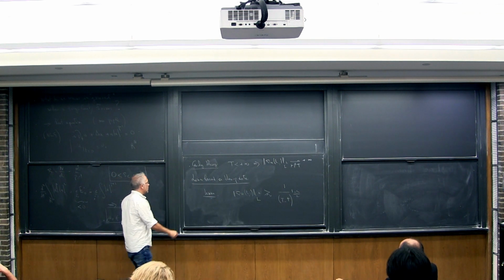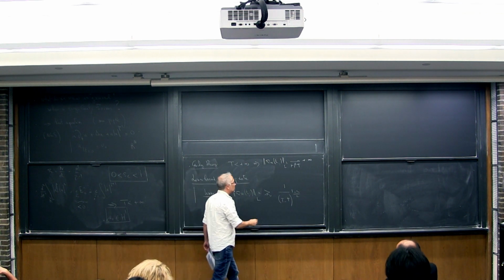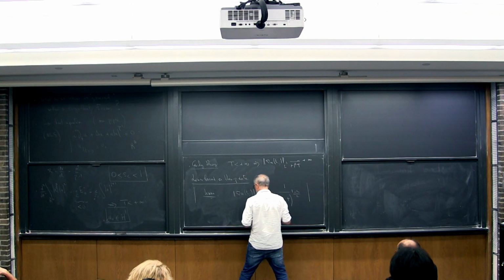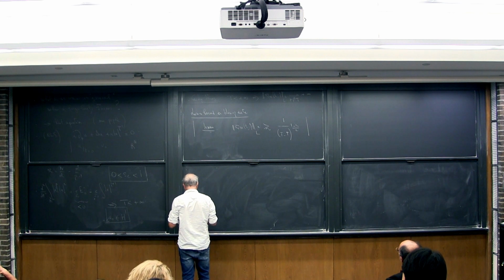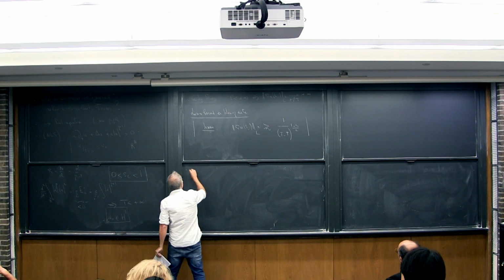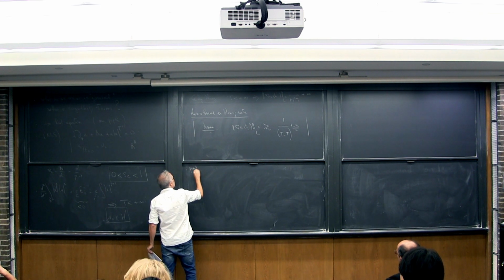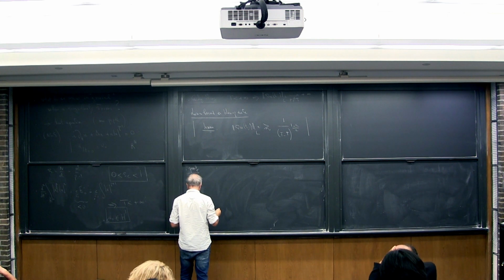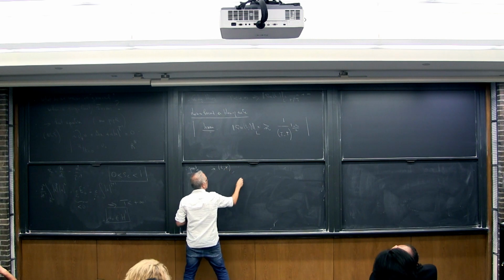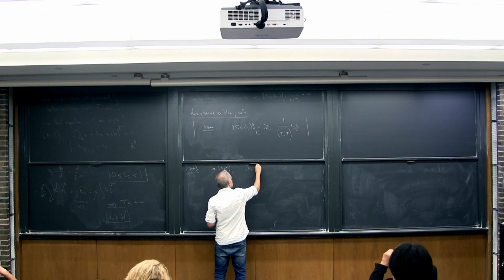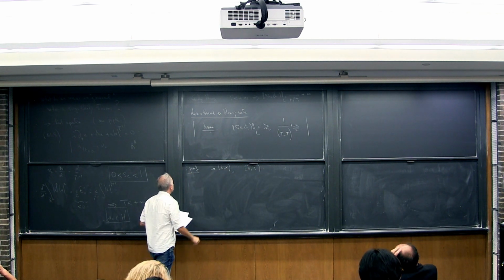Why do I have something like this, which is just an artifact? The proof, and we're going to do a lot of this today, briefly is the following. You watch your solution u of t and x, defined on the interval 0 to T, and it blows up at T. So what you do is renormalize.